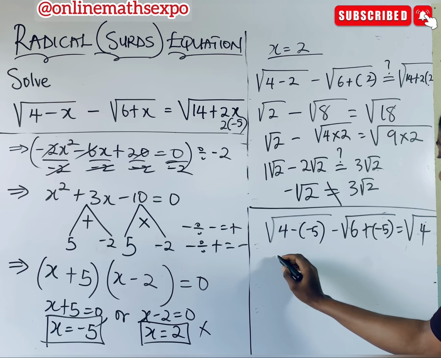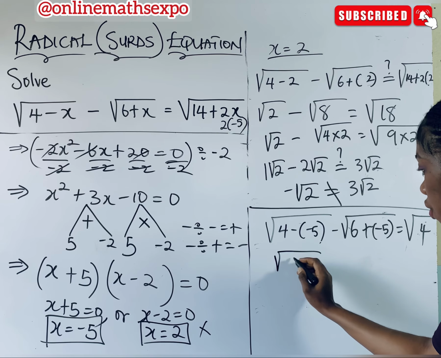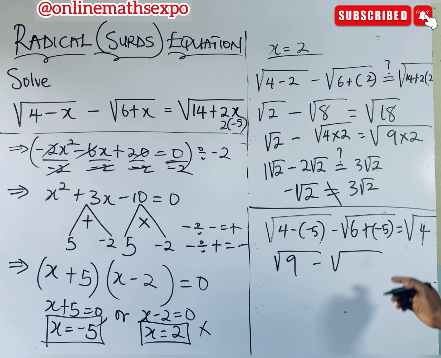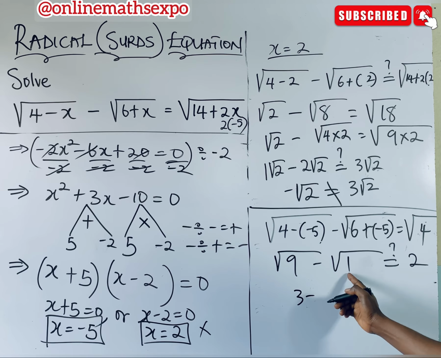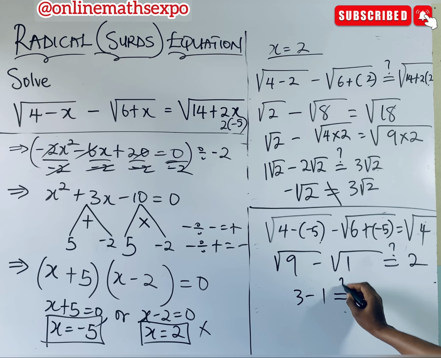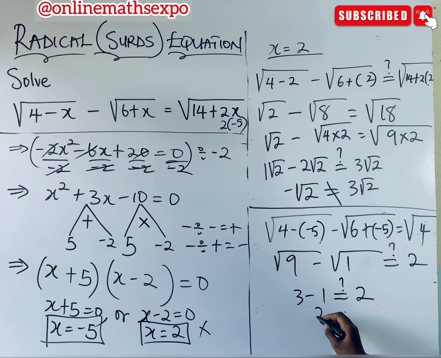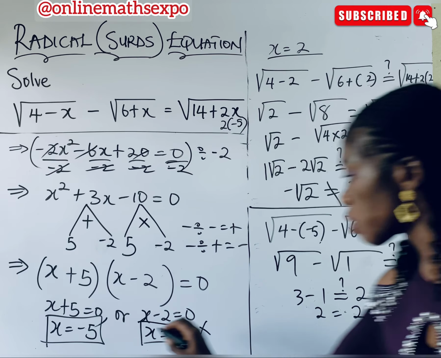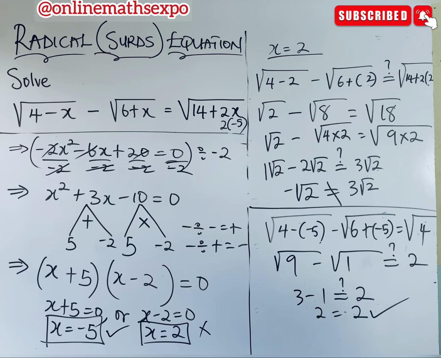So this is going to give us square root of 9, and if you check this, you have 1. Is it equal to square root of 4 is 2? This will give you 3 minus square root of this is 1. Is it equal to 2? If you subtract, this is 2, and you have this 2, so you see both are the same, and it means that the value of x is negative 5.